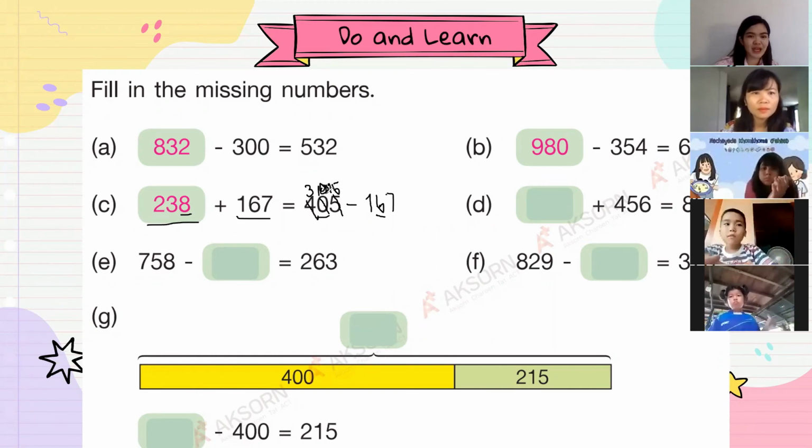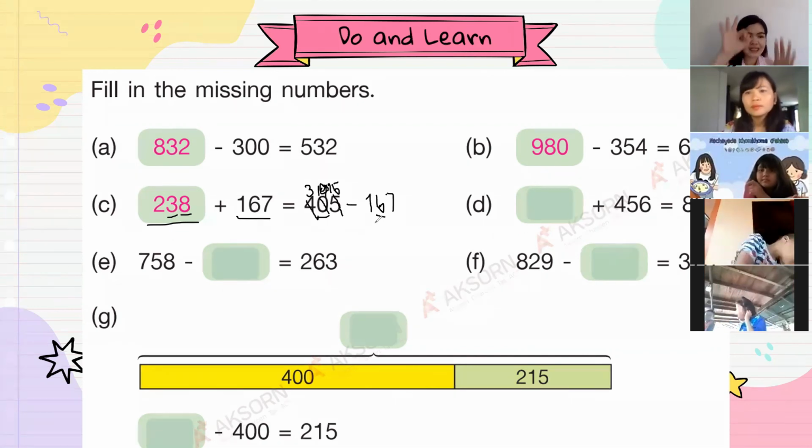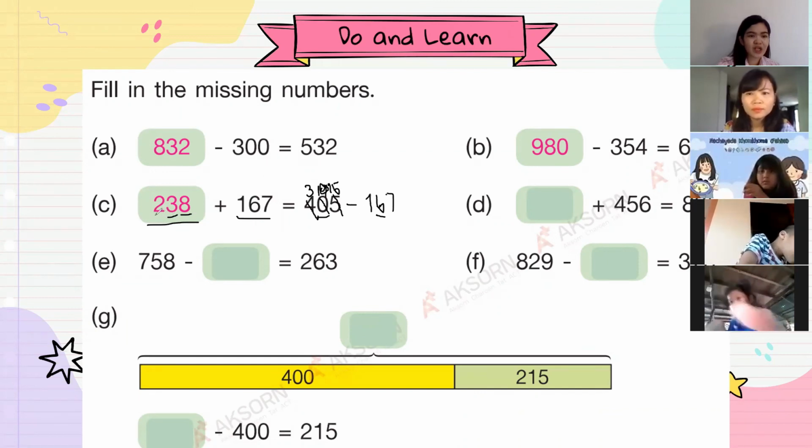So this will be 9 because you borrow 1, right? So 9 minus 6 is equal to 3. Very good. So 3 minus 1, 2. Very good.